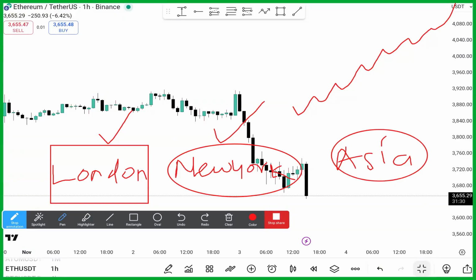Why? Because these banks are conditioned to open at a particular time. Our brother here who has worked in a bank in Nigeria can tell you that there are specific times the banks open. By that time when they open, the market will be so liquid.